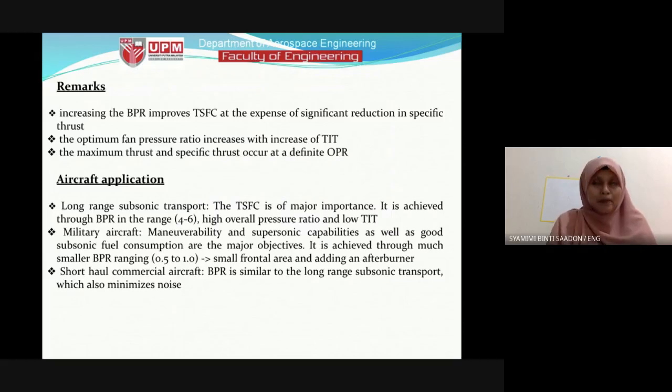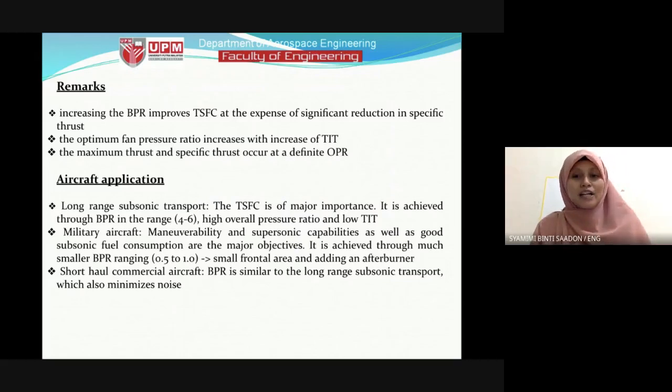I repeat, if we increase the bypass ratio, we increase the air intake in the bypass duct, and we are able to produce the same amount of thrust but with less fuel. Improve TSFC means that the TSFC is lower, which is good. Our objective is to have a lower TSFC. A lower TSFC means less fuel used in order to produce the same amount of thrust.